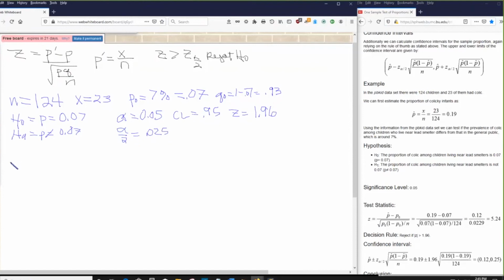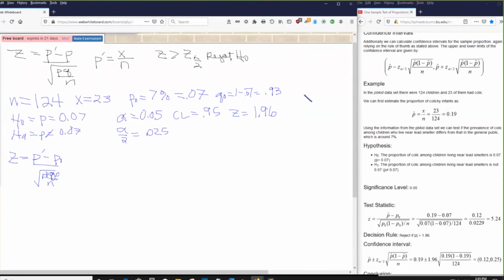So then we're going to solve for our z statistic, which is going to be p prime minus our P0 over the square root of P0 Q0 divided by n.